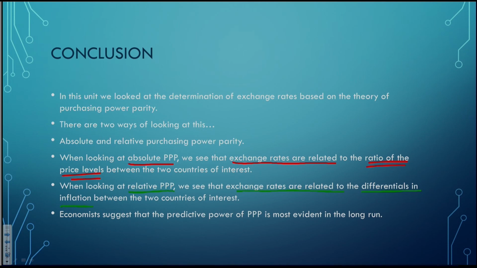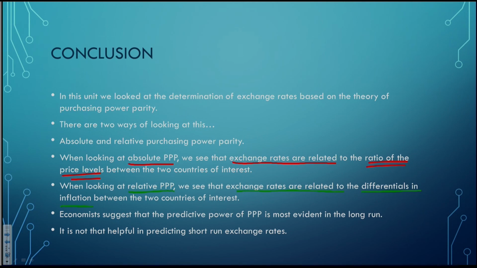Economists suggest that the predictive power of purchasing power parity is really most evident in the long run. In other words, it's most useful in terms of its predictive power when we look at what's going on in terms of exchange rates in the long run. Unfortunately, it's not that helpful in predicting short-run exchange rates.